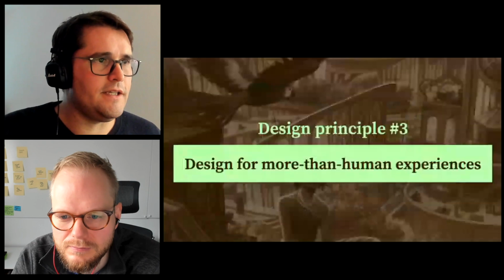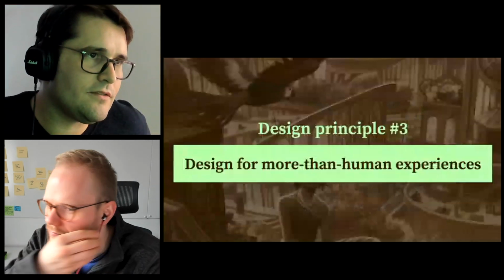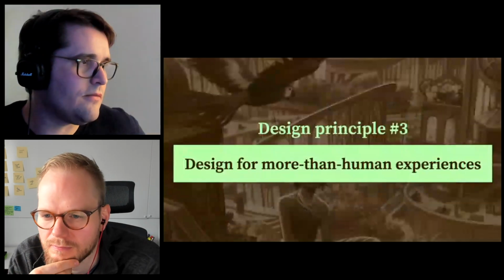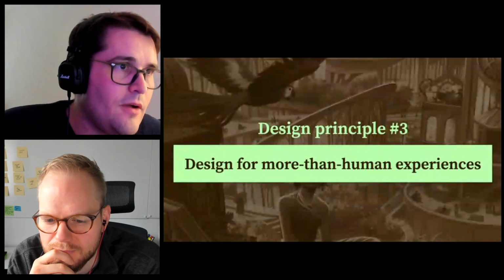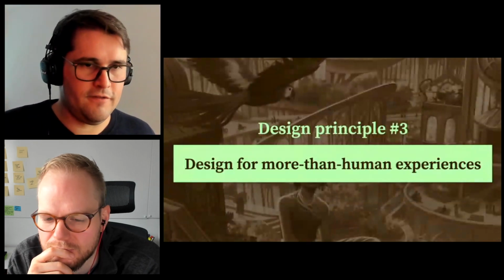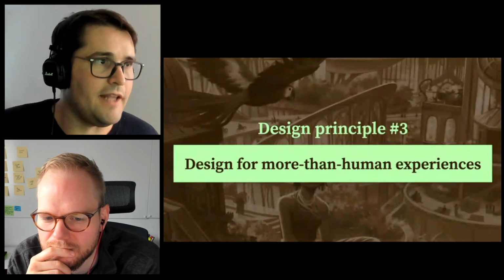The third one is about something that we didn't really discuss today, but is about more than human experiences. So a lot of stories in Solarpunk are about giving back or giving a place to other living organisms in our design space, and especially animals, right?